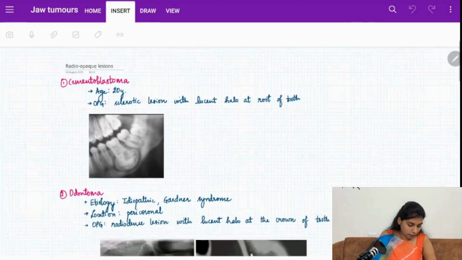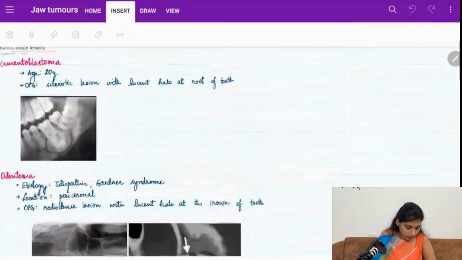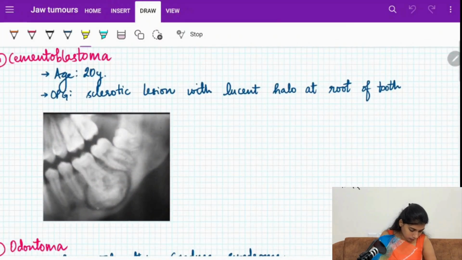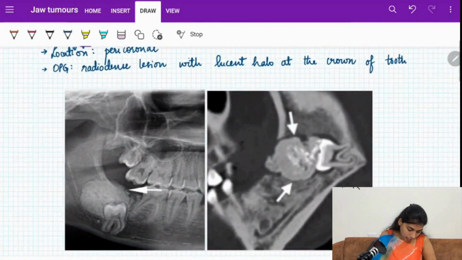The only difference between cementoblastoma and odontoma is that cementoblastoma is a sclerotic lesion with a lucent rim which is located at the root of the tooth, whereas odontoma is again a sclerotic lesion with a lucent halo which is located pericoronal in location, that is above the impacted tooth, right? So the only difference between cementoblastoma and odontoma is the location.